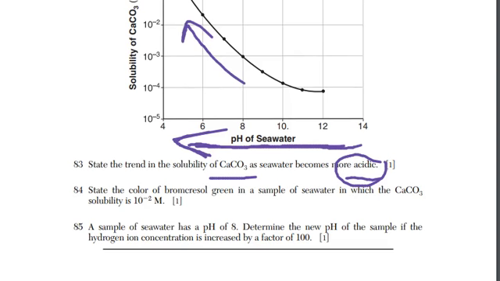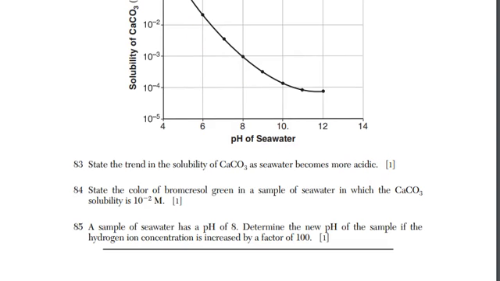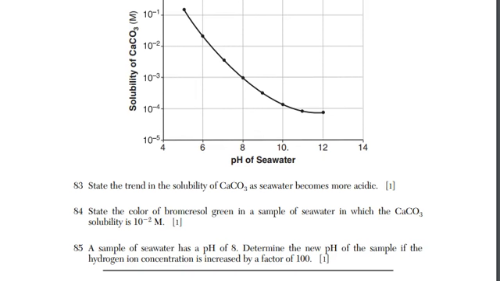All right, so for 84, we're asked to state the color of brome cresol green in a sample of seawater in which the calcium carbonate solubility is 10 to the minus 2. So we need the pH, and then we need to go to the reference tables to find the color. 10 to the minus 2 on that graph. I'm going to go here, and I'm going to go down.